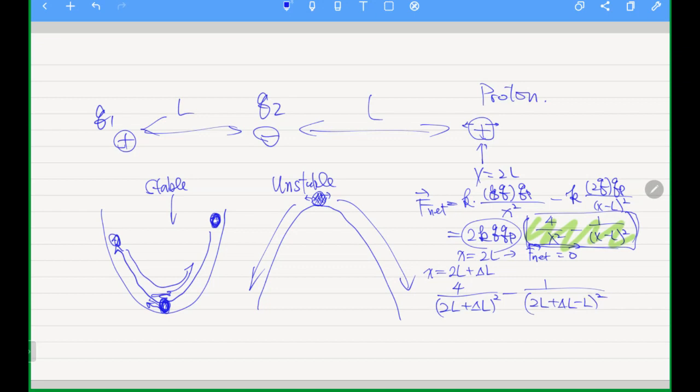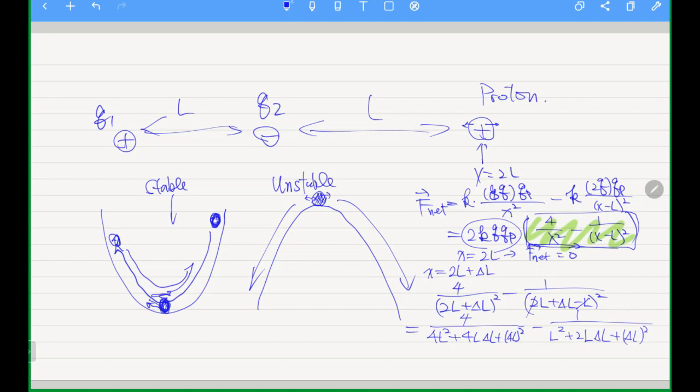So this L cancels with this 2, and then we try to factor it out. So it is 4 over 4L squared plus 4L delta L plus delta L quantity squared, minus 1 over L squared plus 2L delta L plus delta L quantity squared.